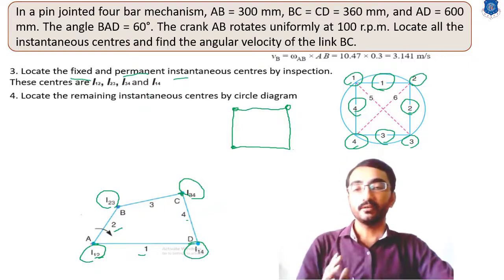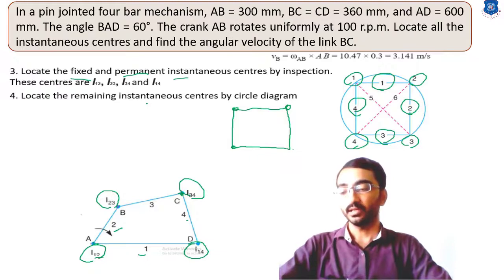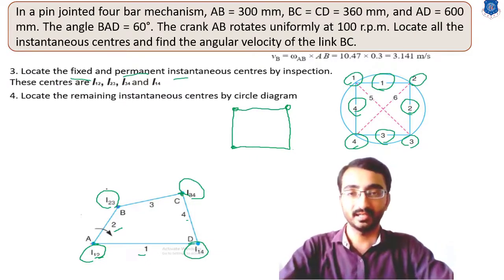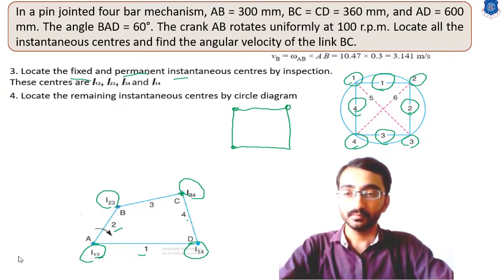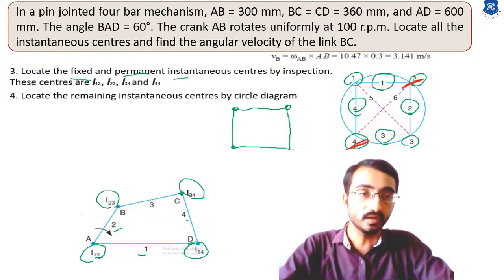Now the final point: we have to locate the remaining 2 neither fixed nor permanent instantaneous centers. Okay, so for the remaining 2, let's consider that we have to connect the 2 and 4 points.